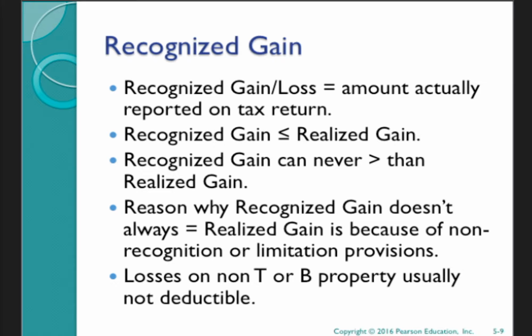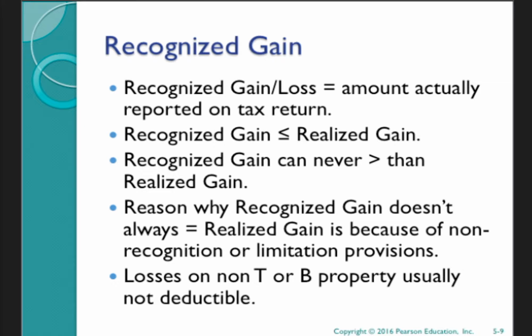And then realized gains and losses is just going to be anything that's specifically kept out or limited based on provisions in the tax code and in tax law in general that don't force you to recognize that gain or loss. And just to note, this bottom bullet point, losses on non-trade or business property are generally not considered deductible.